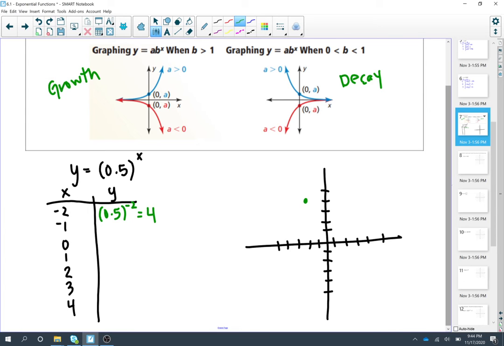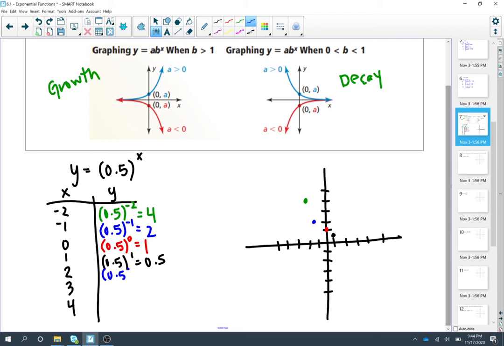Now we're going to substitute in -1. So 0.5 to the -1, which is going to give us 2. So -1, 2. Then we're going to substitute in 0, which is going to give us 1. Then I'm going to substitute in 1, which is going to give us 1/2 or 0.5, which is about halfway right there. Now is where we start getting interesting.